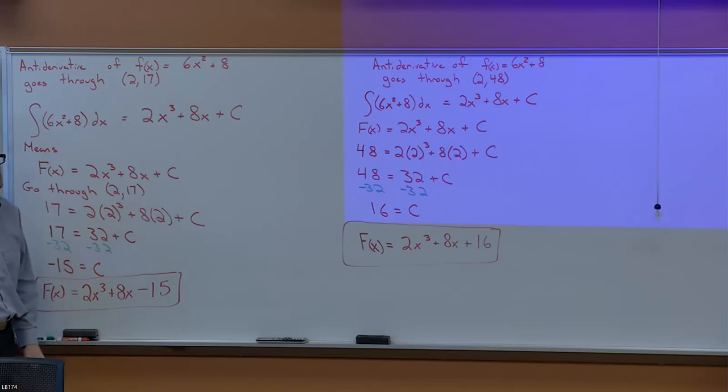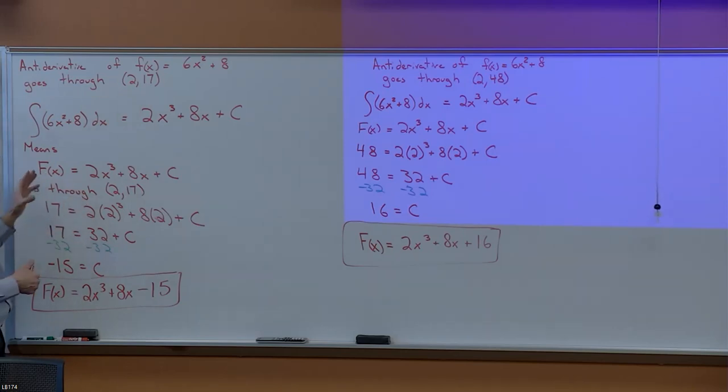So when it's going through a point, that's different than a definite integral? Yes, so this is saying we want to find a function which goes through a particular point. A definite integral, which is what we're going to do in 5.2 and 5.4, I believe, is asking you, what is the area under the curve?